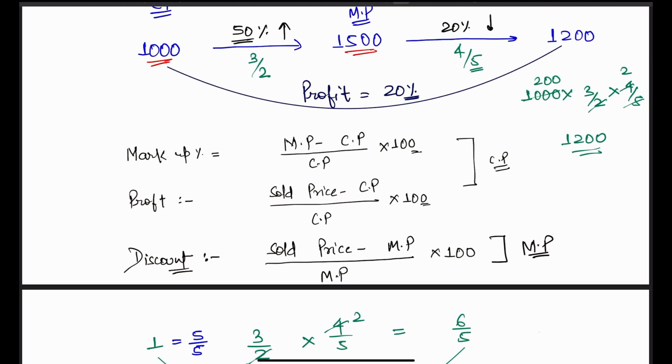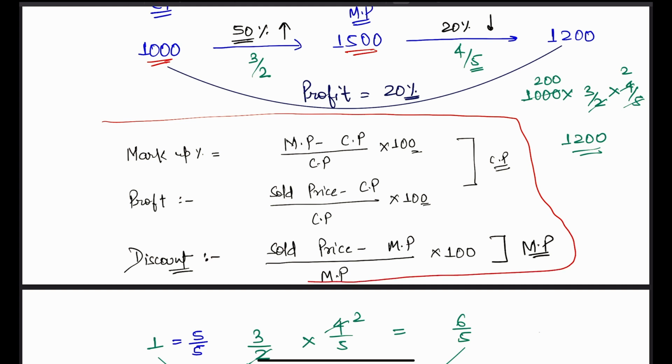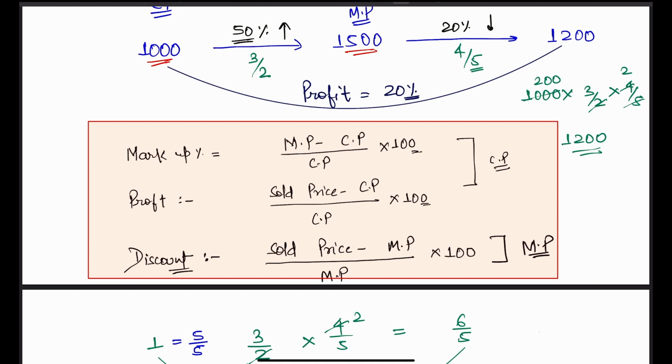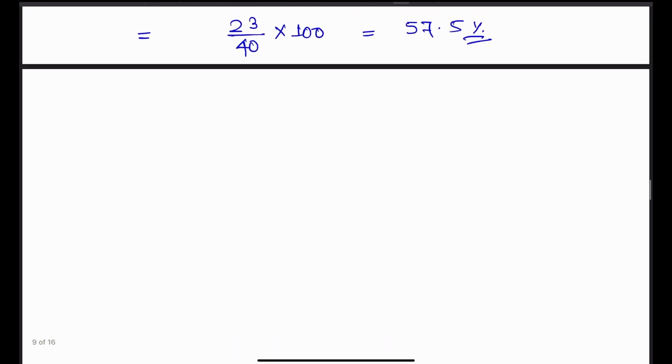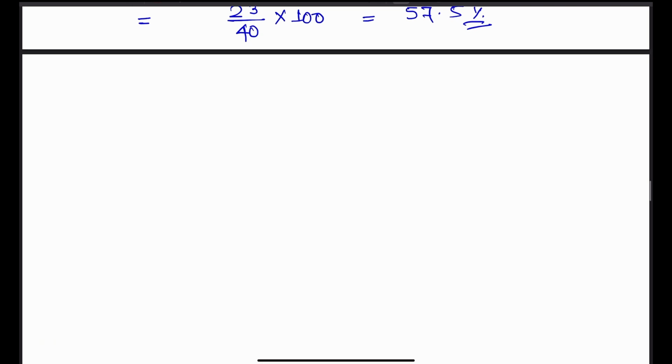Yeah, this is the important part, which is why this has been highlighted. So there is one more thing: we can try to find the cost price and market price.